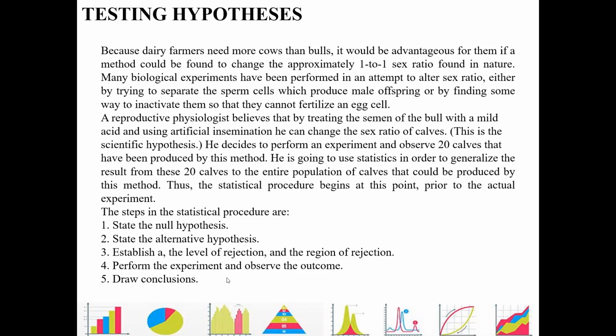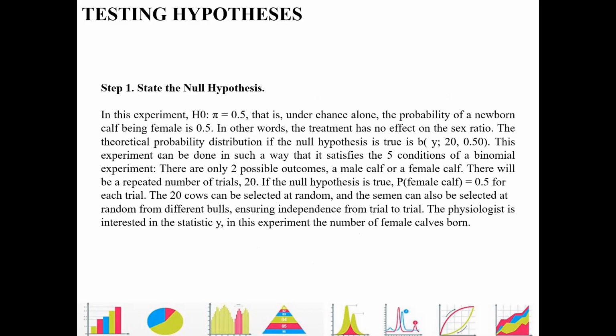So, meron lang konting pagbabago doon sa method na ginawa natin last time. So, instead of yung sa discussion, we specify yung ating statistical analysis na gagawin. So, establish alpha, the level of rejection, the region of rejection, perform the experiment, and observe the outcome.